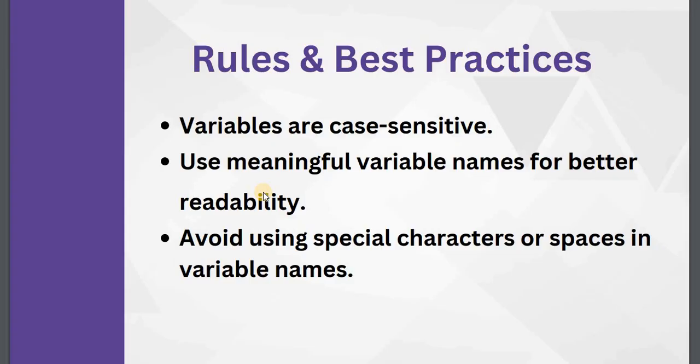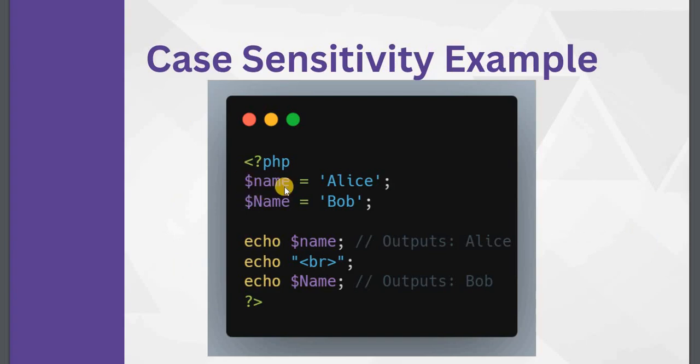Next we will check the variable rules and best practices. First, variables are case sensitive. It means this $name variable, declared with a small n, and this $Name variable, declared with a capital N, are treated as different variables. If we echo the output of these variables after assigning values, $name will print Alice, and this other variable, $Name, will print Bob.